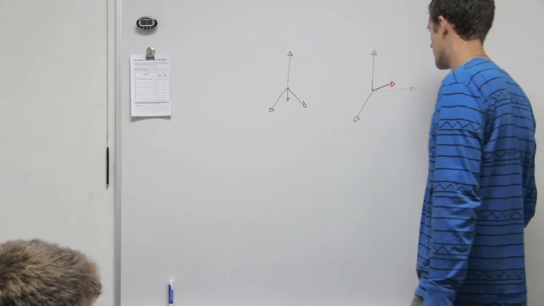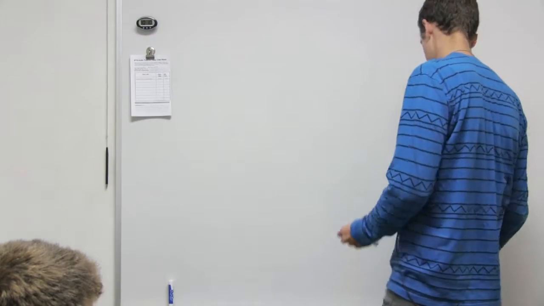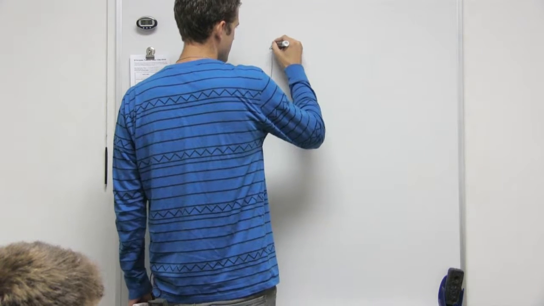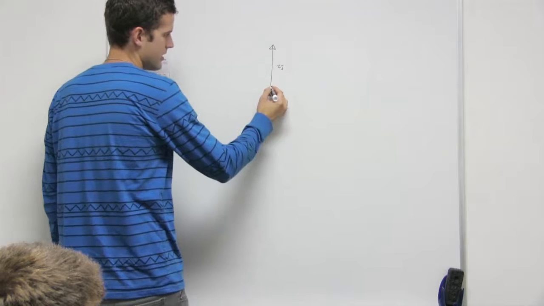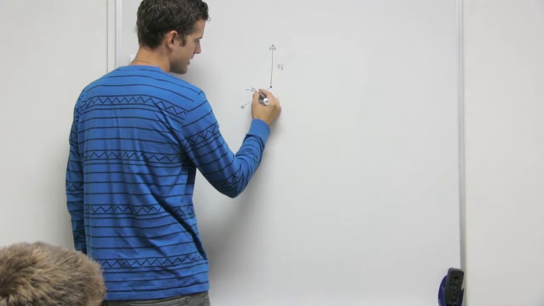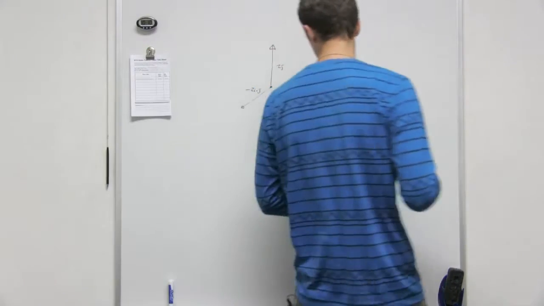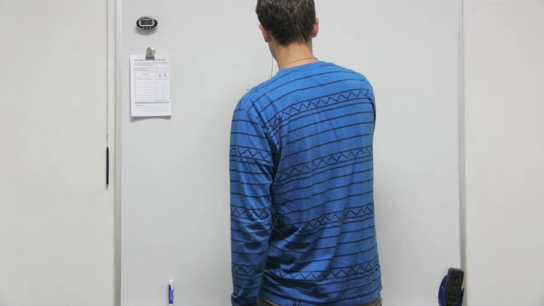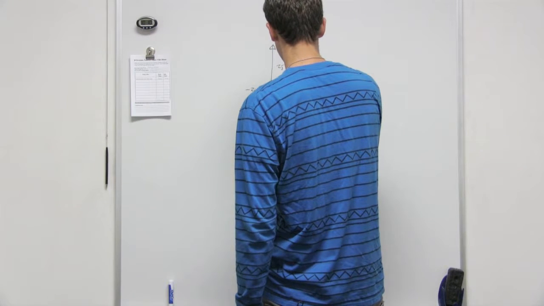Yeah, so then what you do, let's do an example of it. Say this was 2j, and this is negative 2i minus j, and then your net force was i plus j.